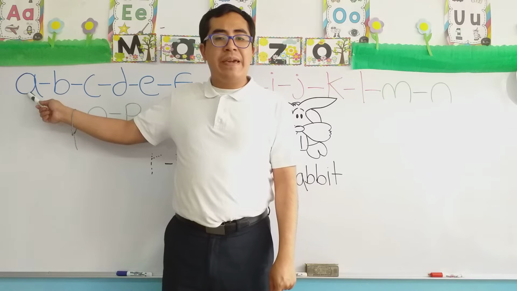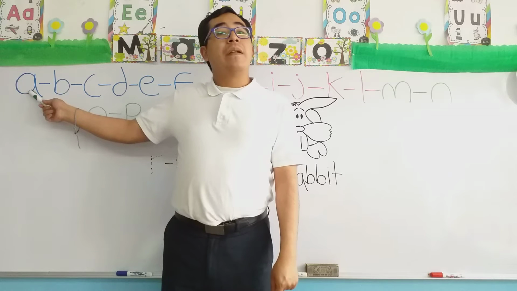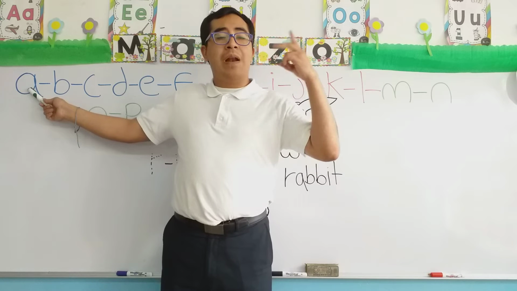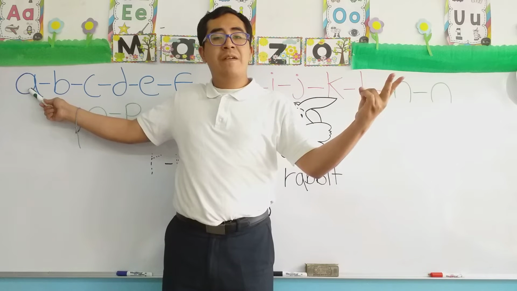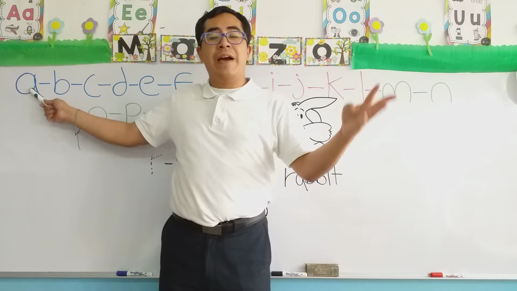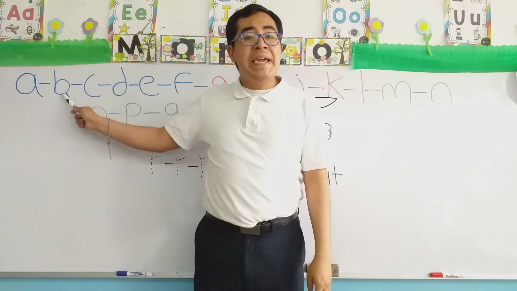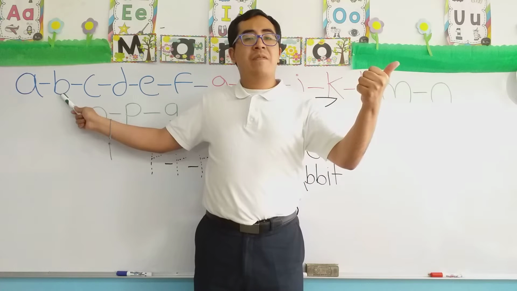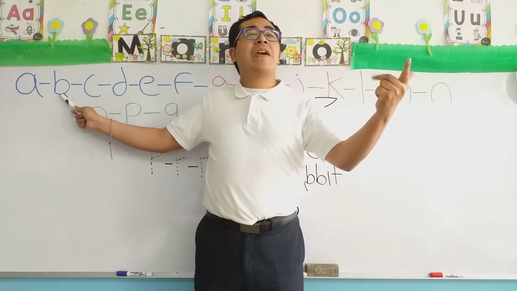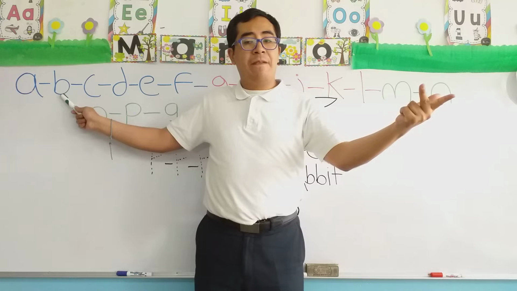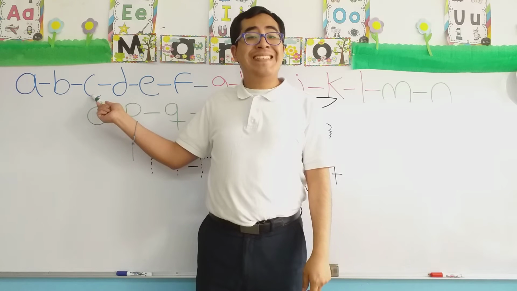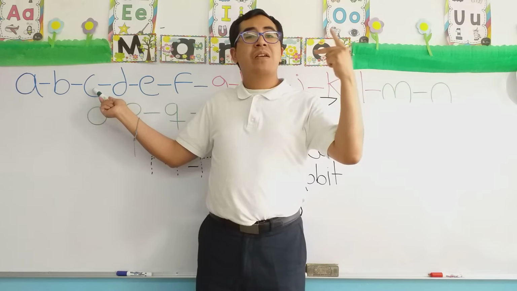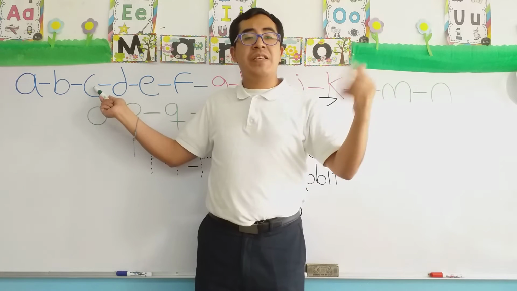Small a. Now remember, small a is for Alan, for Alberto, okay, for Alejandra. Small b. Now for small b, we have Brenda, we have Brianna, we have Beto, okay. For small c, we have Carlos, Carolina, Cristobal, Christian.